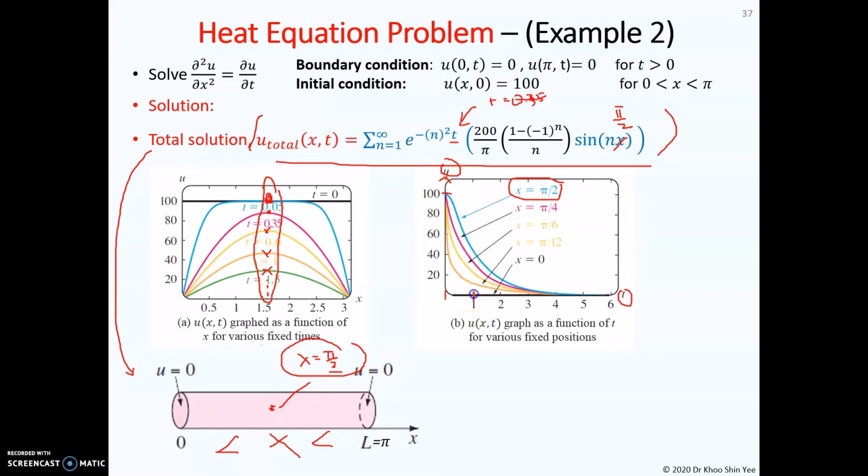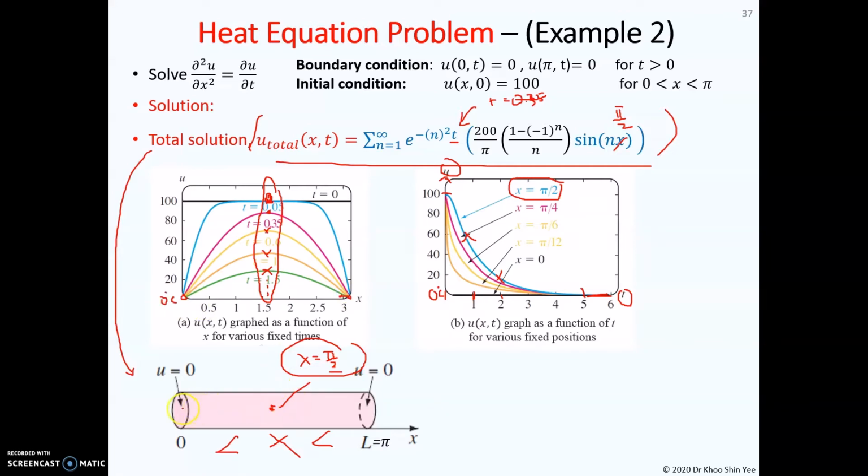And then t equal to 1, you have this temperature, t equal to 2, you have this, and so on. And it takes around 5 seconds to achieve the steady state temperature, which is equal to 0 degrees Celsius in this example, since you have the boundary condition here equal to 0 degrees Celsius.